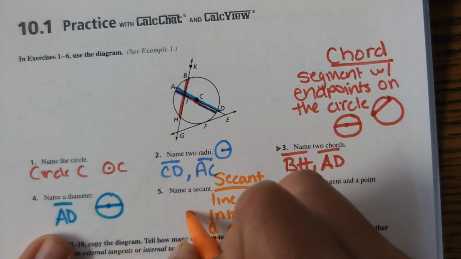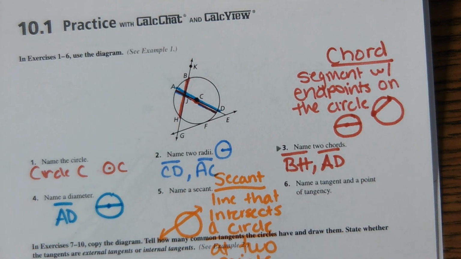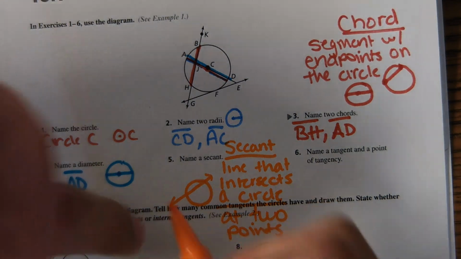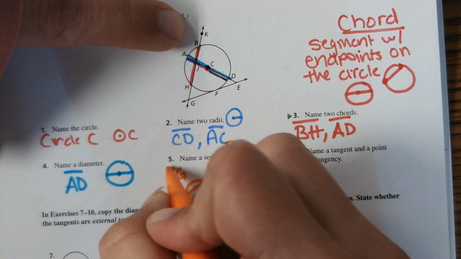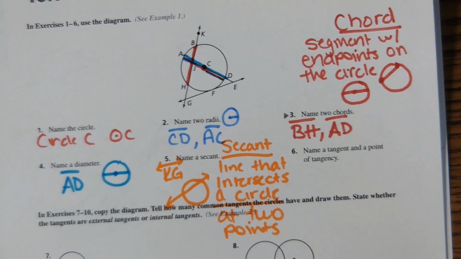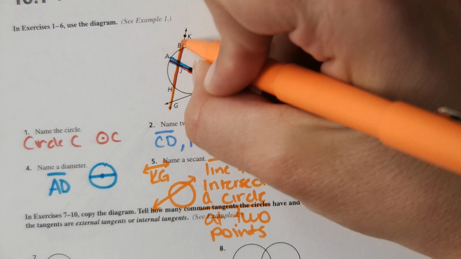So for example, if you have a circle and it's just a line that intersects that circle at 2 points, like that. So an example here for secant would be KG. So this here would be a secant.